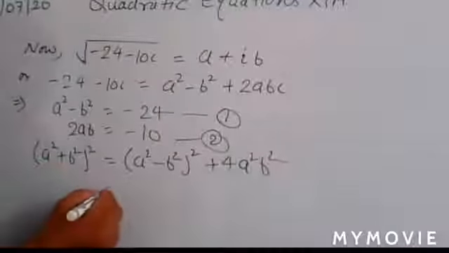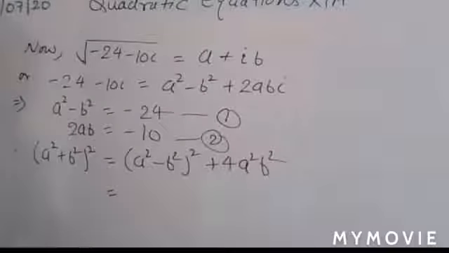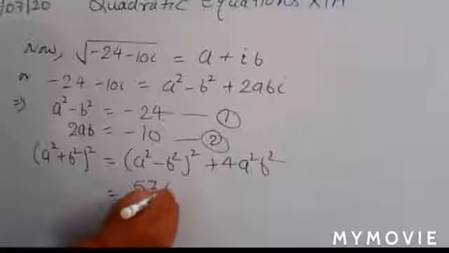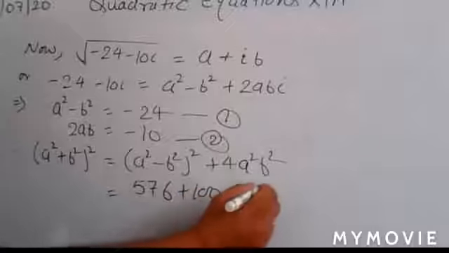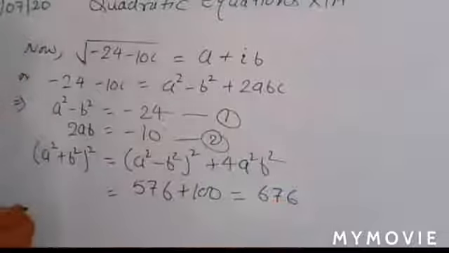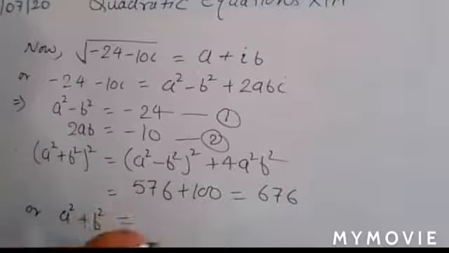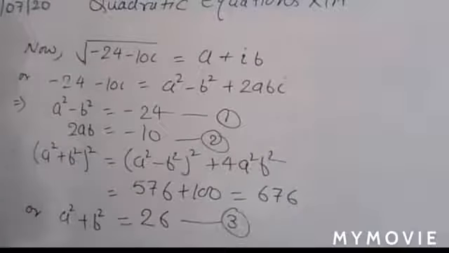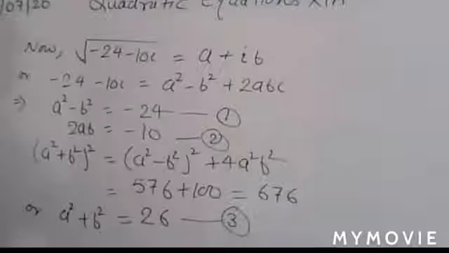So if you put here, the square of 24 is 576, and the square of this one is 100. So that is equal to 676. So the value of a square plus b square is equal to 26. That is your third equation.